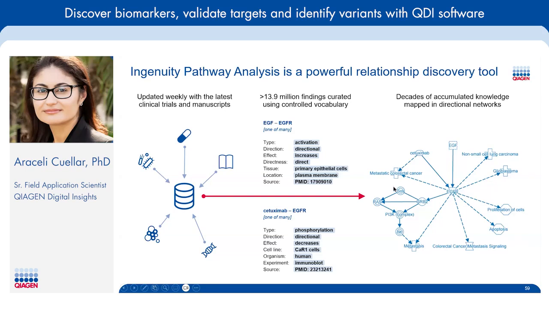Overall, the QIAGEN knowledge base represents a massive ontology of over 13 million curated findings, updated weekly and quarterly, that define molecular interactions and associations from literature, allowing you as the user to use decades of accumulated knowledge to map the different types of networks that you may be interested in.